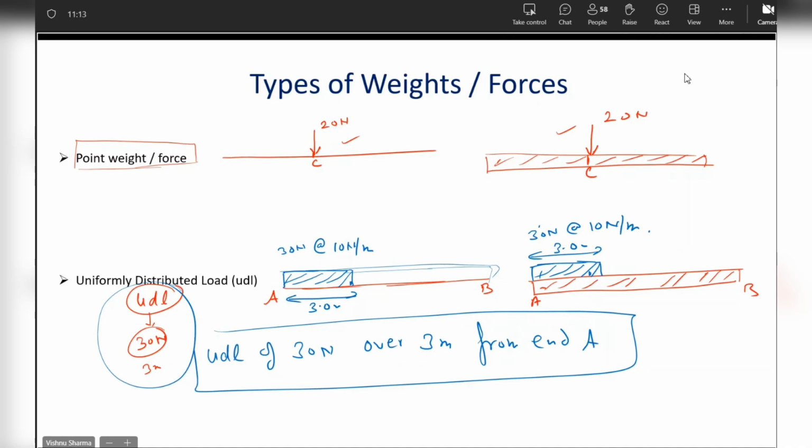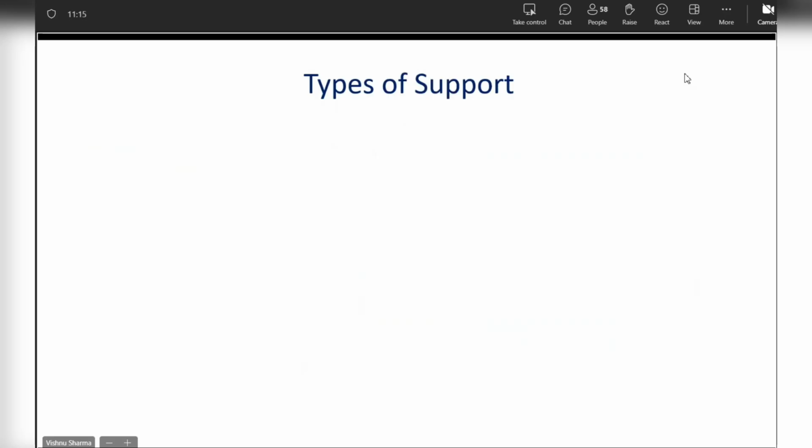Next is type of support that the beam will have, because if you don't support the beam, then by gravity the beam would continue to move towards the center of the earth. If you place your pen on your table, and if your pen represents the beam, the pen has come to rest on the table because the table has supported it.